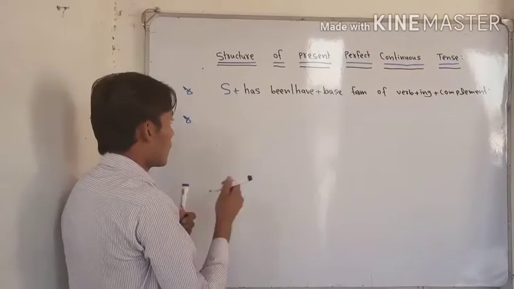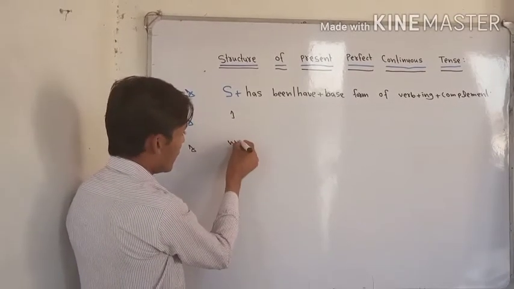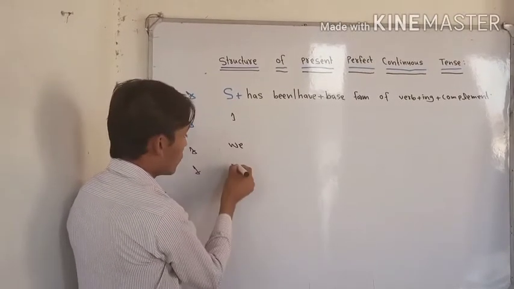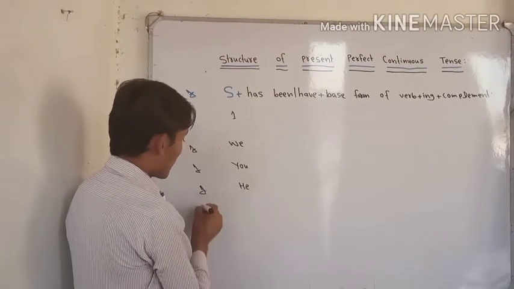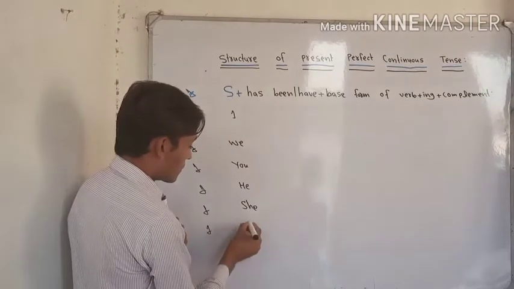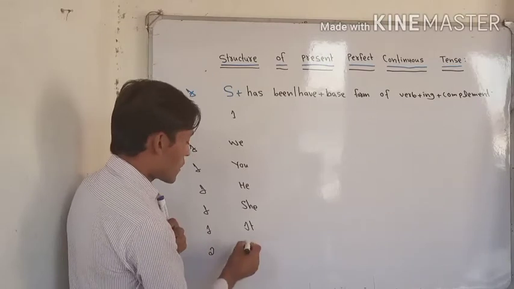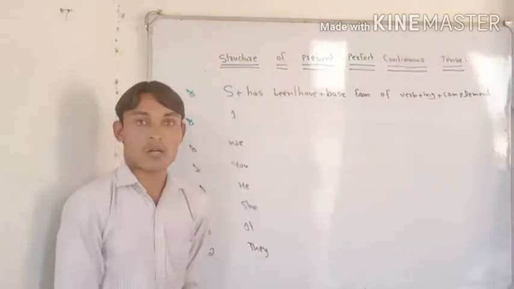We have I, we, you, he, she, it, and they. Now these 7 are called subject pronouns.